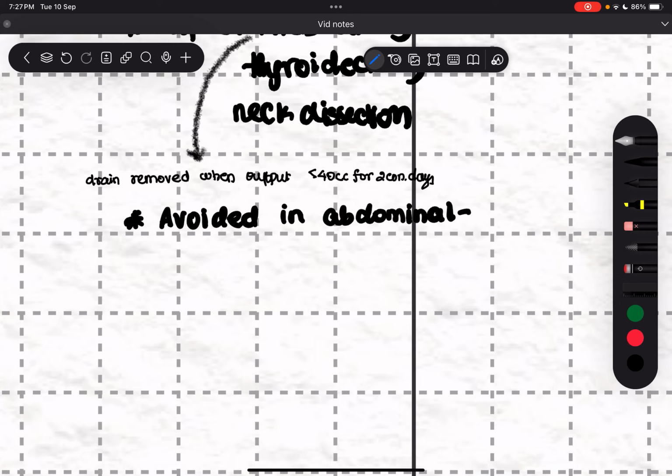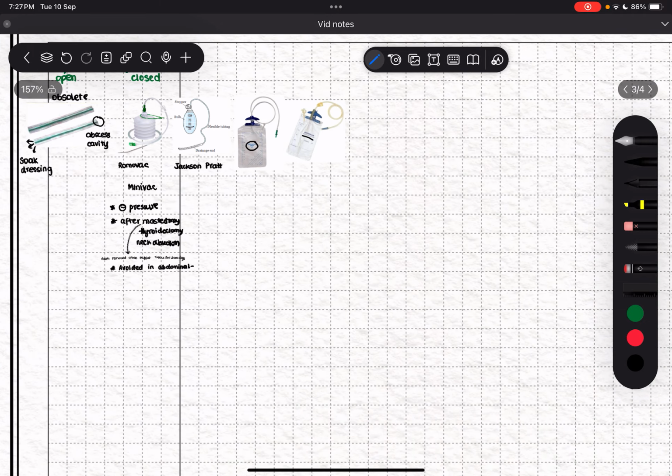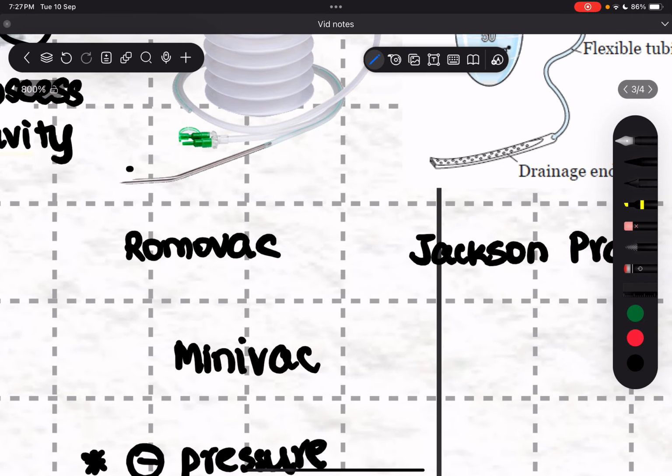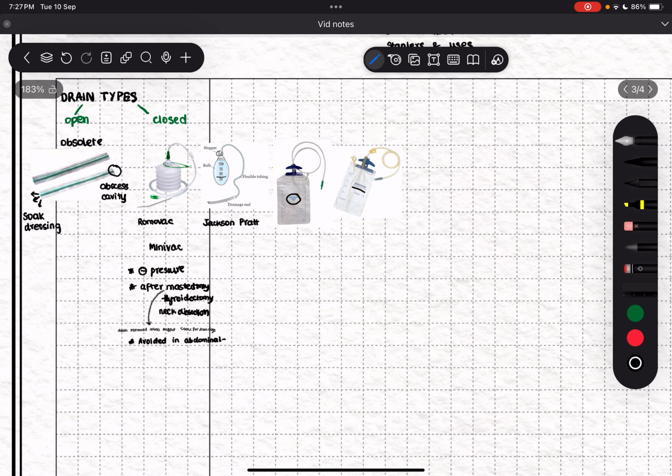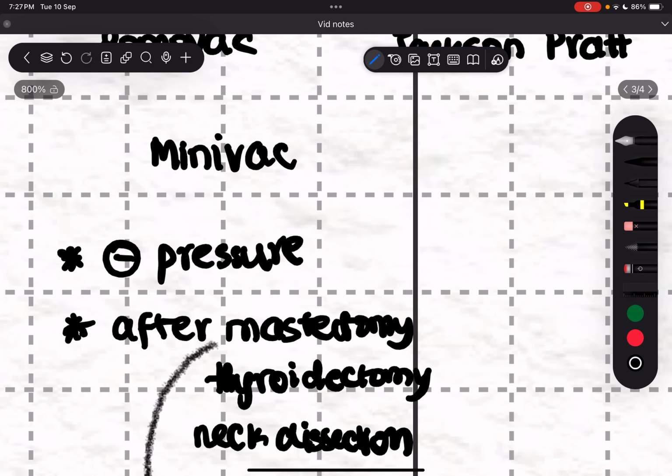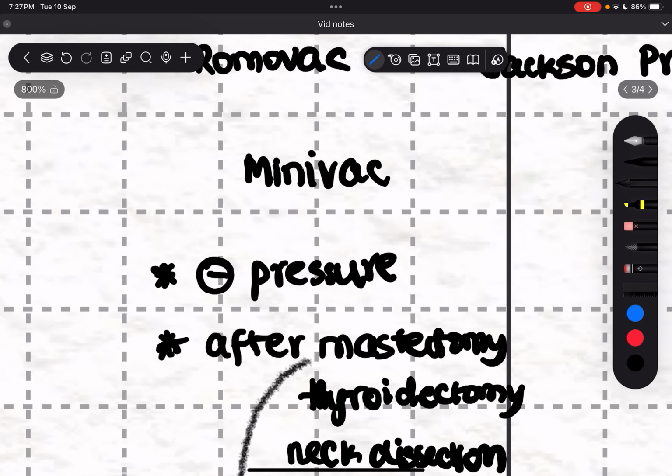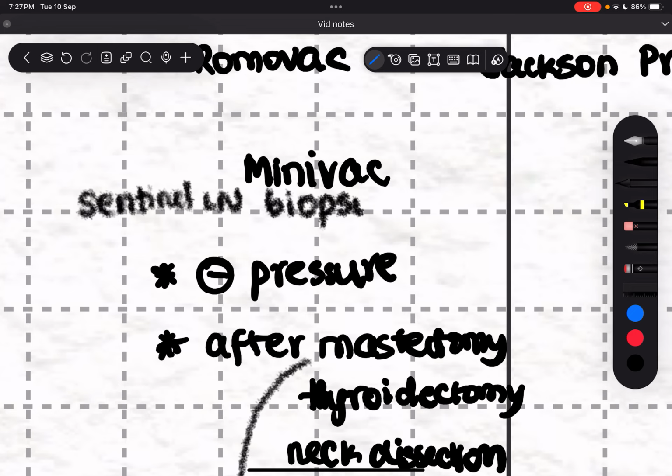Maybe omentum or other intestinal contents may get into this tube due to the negative pressure. Now Minivac is a smaller form of Romovac, and it is used after sentinel lymph node biopsy.